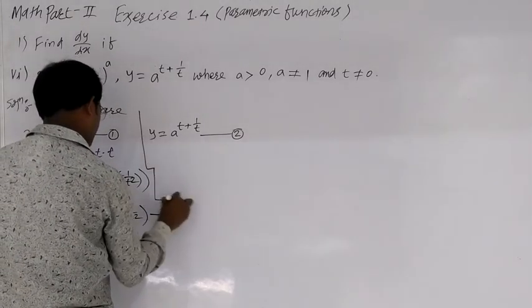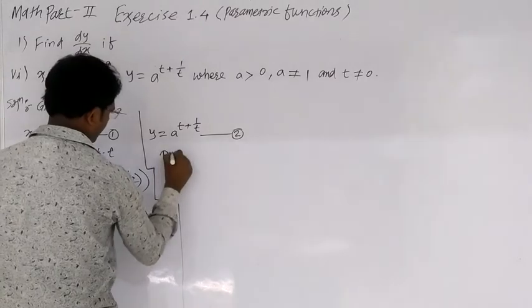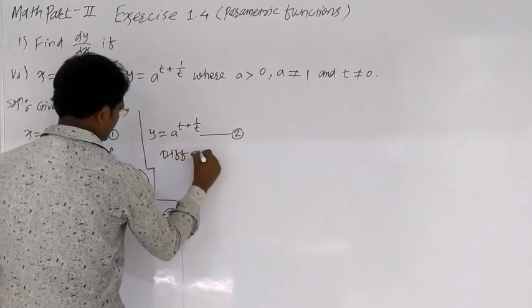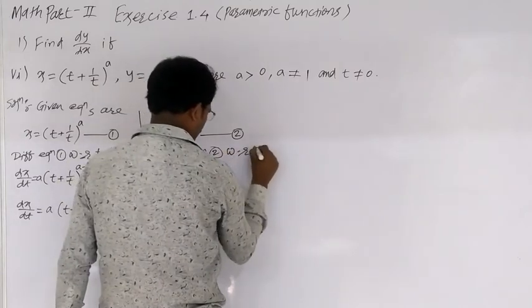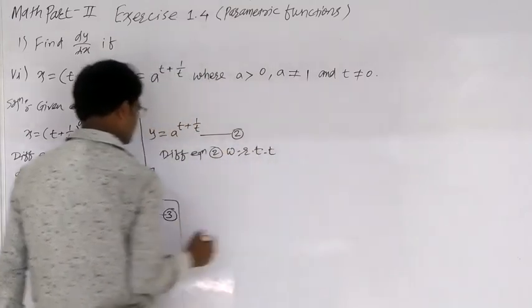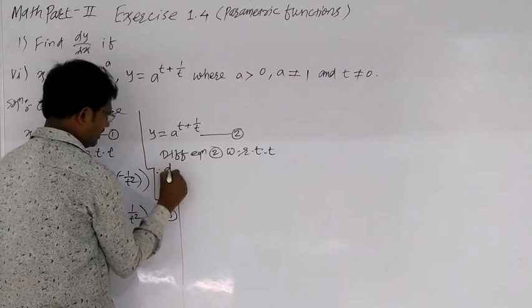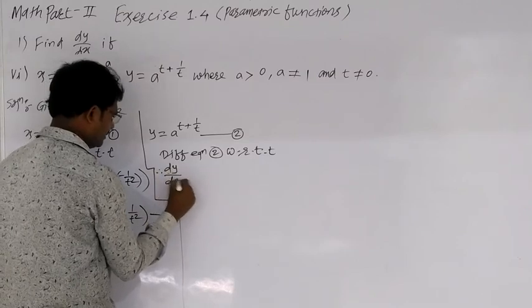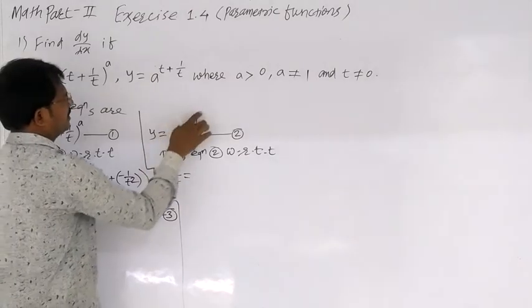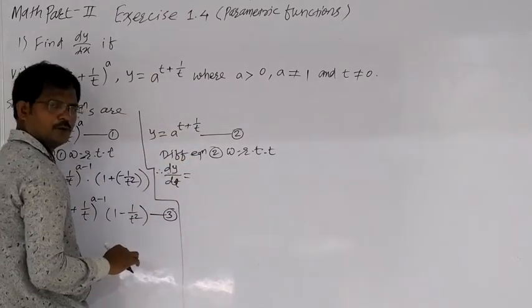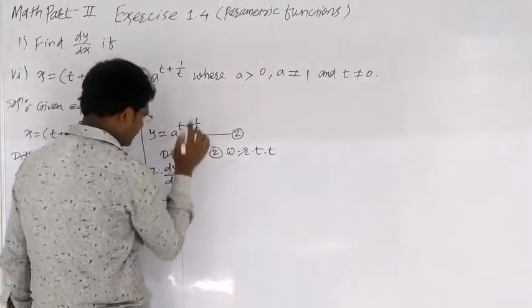Now we have to differentiate equation second with respect to t. Therefore dy upon dt is equal to, now the derivative of a raised to t plus 1 by t by using the formula a raised to f of x.